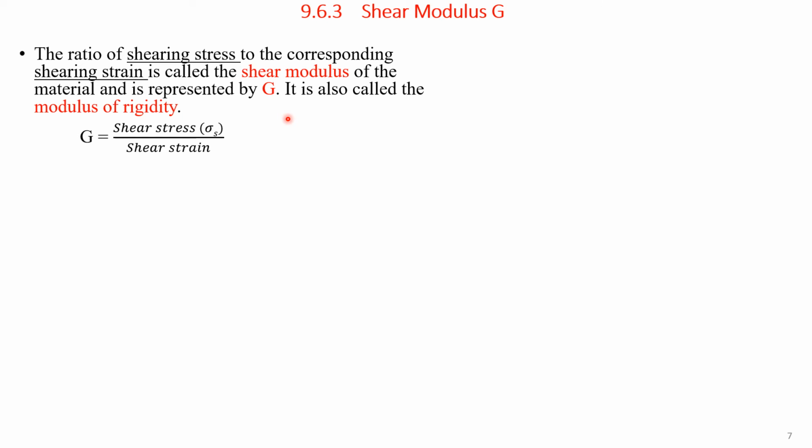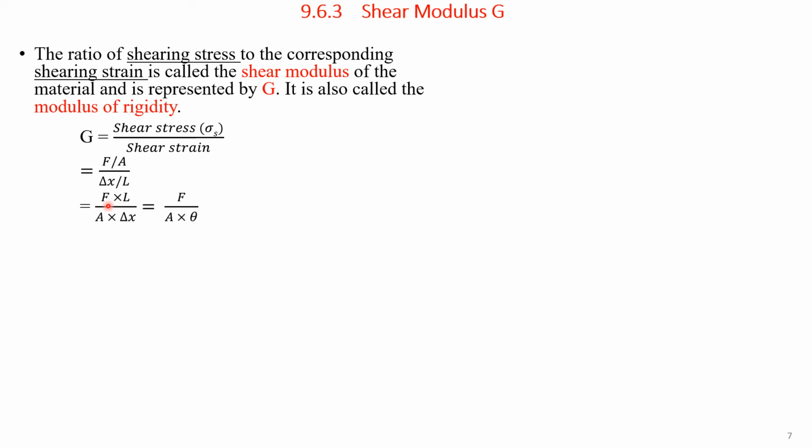Therefore, shear modulus capital G equals shear stress sigma S by shear strain epsilon. Therefore, that can be written as F by A, that is shear stress, force per unit area, divided by shear strain, that is change in length to original length.